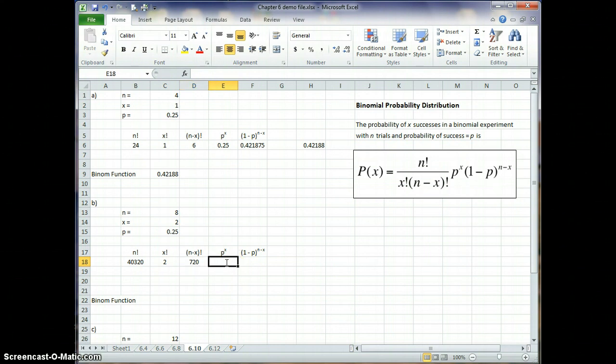and we're going to do the probability, which is still the 0.25, and we're going to take that to the power of x, which is squared there, hit enter, and now the last thing we want to do is equal to 1, I'll put that in parentheses, 1 minus the probability, so it's going to be 0.75, basically is what that calculation is, and to the power of n minus x.